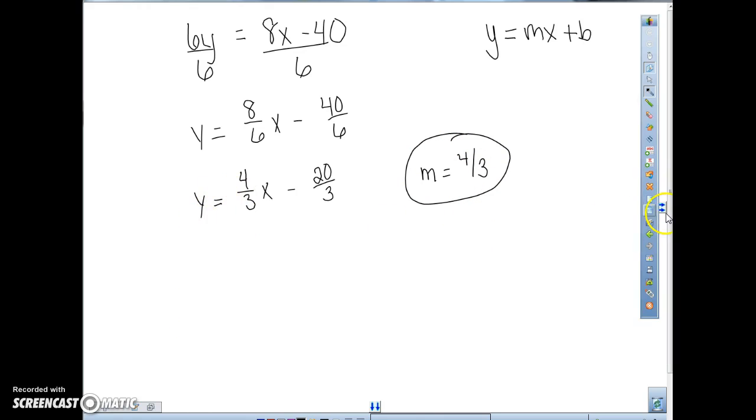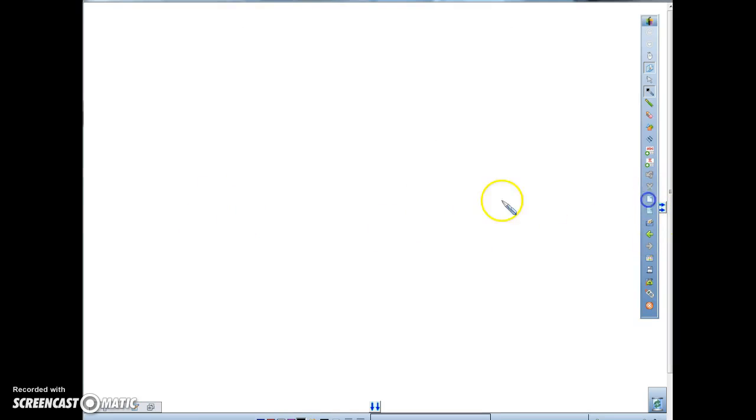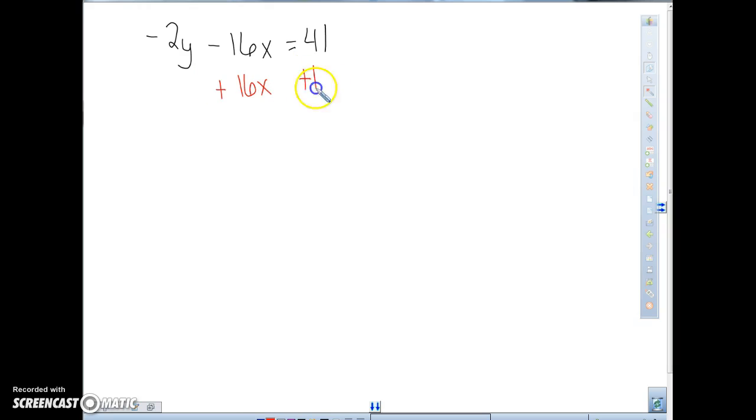Let's do another one. If I give you the problem -2y minus 16x equals 41, and I say put this in slope-intercept form, remember you need to get your y by itself. So you'll add 16x to both sides. So you have -2y equals 16x plus 41.